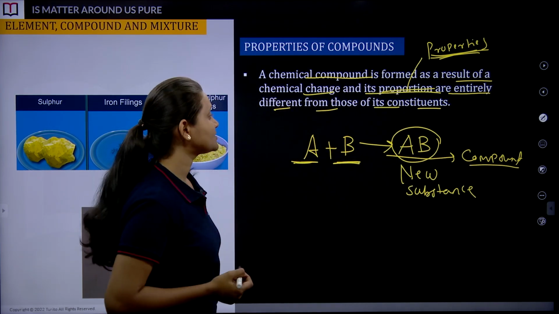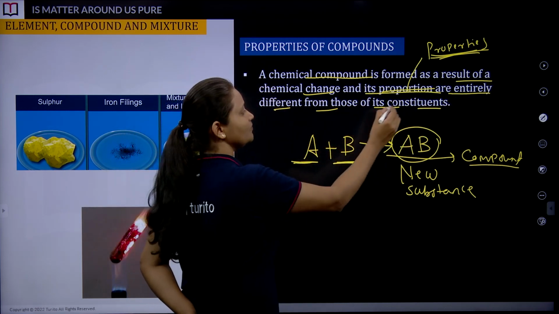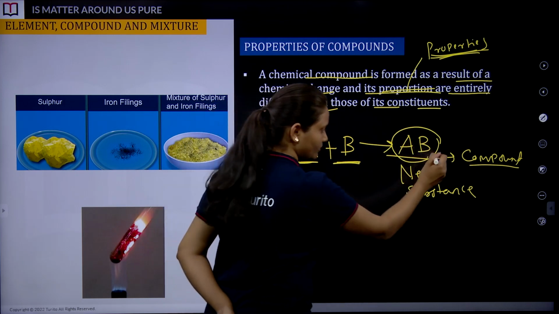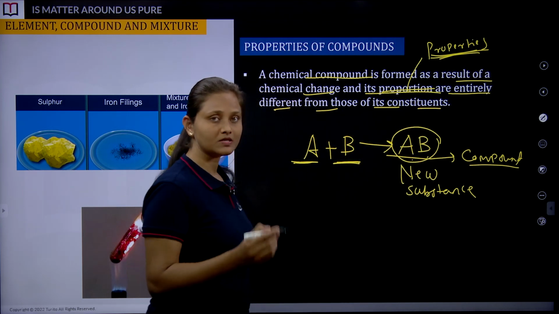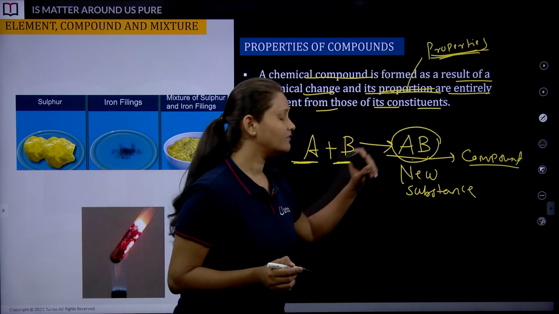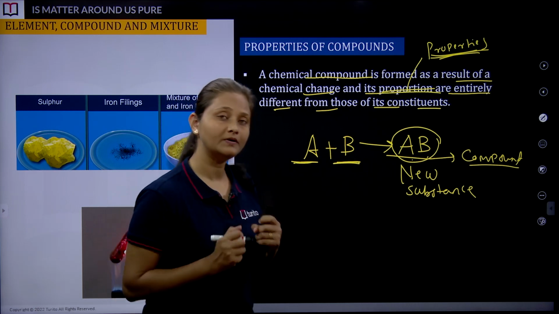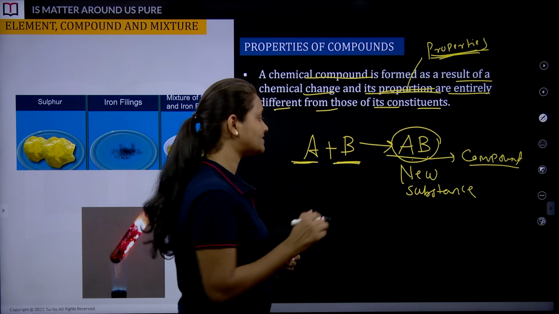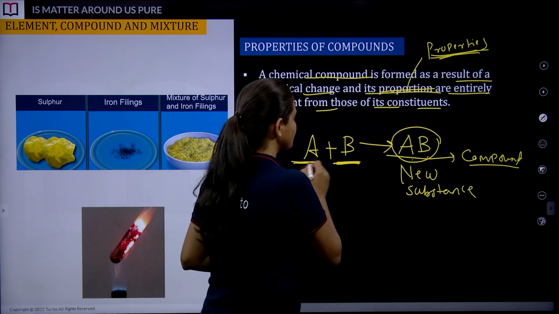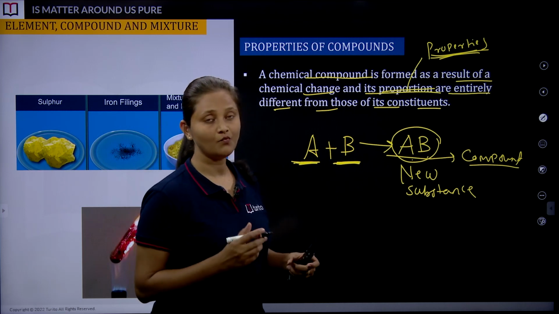And our next property says that its properties are entirely different from those of its constituents. We are talking about the compound, the new substance which we have obtained here, which is AB. It's a new substance which has its own set of properties, and these properties are not the same as those of the constituents or reactants from which it is made.